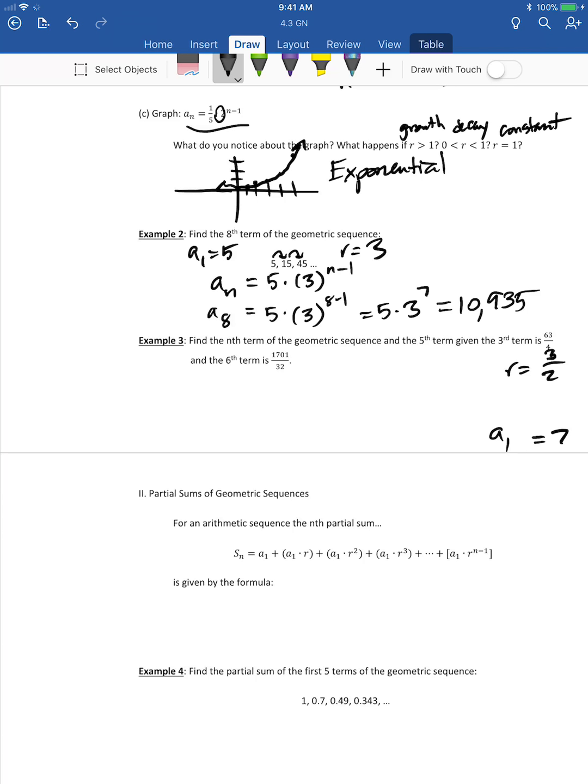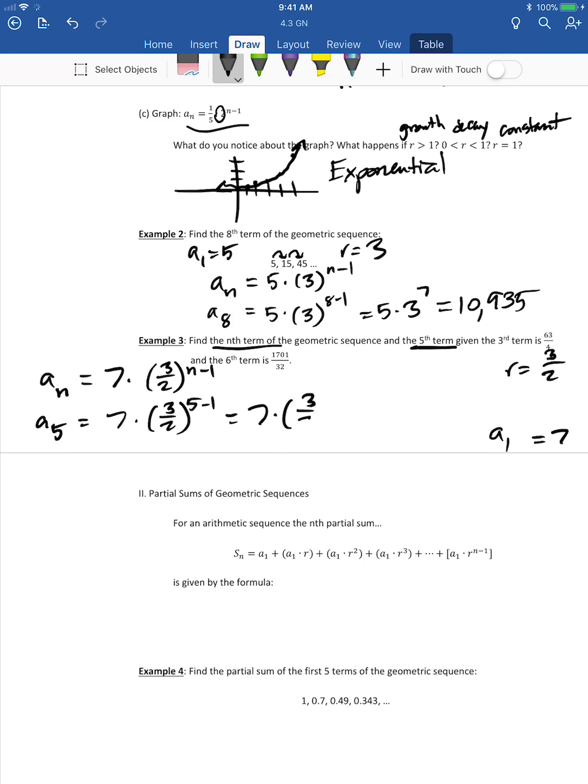So a1 equals 7. That means the nth term is 7 times 3 over 2 to the n minus 1 power. That was the first thing they wanted me to find. Then they wanted the 5th term. Plug in the 5th term, that's 7 times 3 over 2 to the 4th power. 7 times 81 over 16.